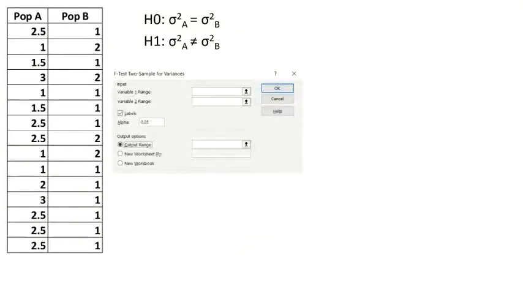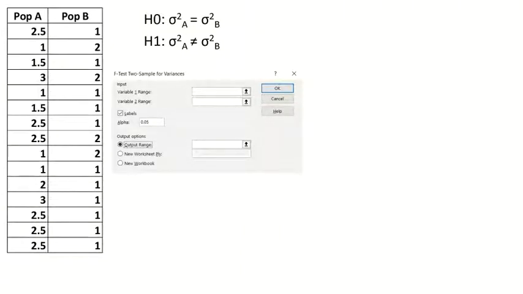I think there are 15 of them. And population B, you have these values from your samples. So we are going to test our hypothesis. Our null hypothesis is that the variance of population A is equal to the variance of population B. And for our alternative hypothesis, we say that their variances are not equal.